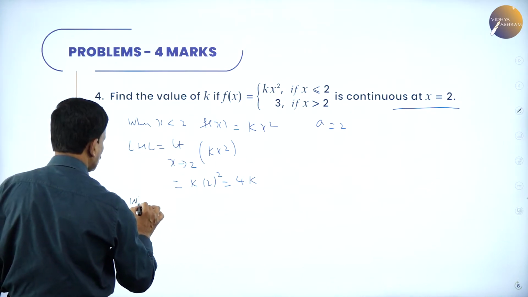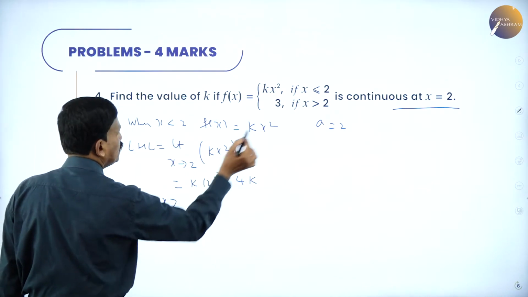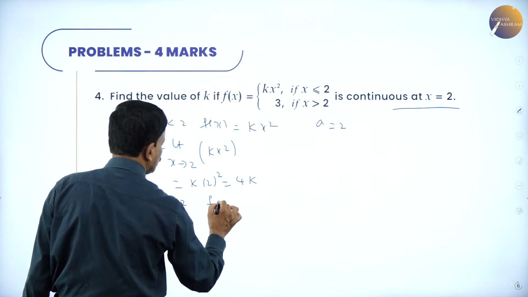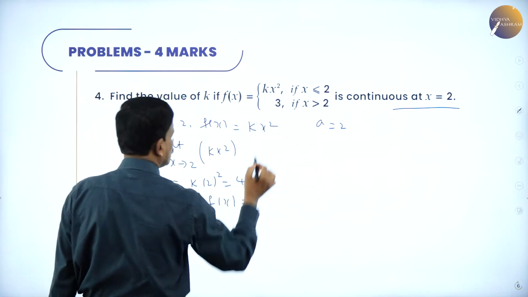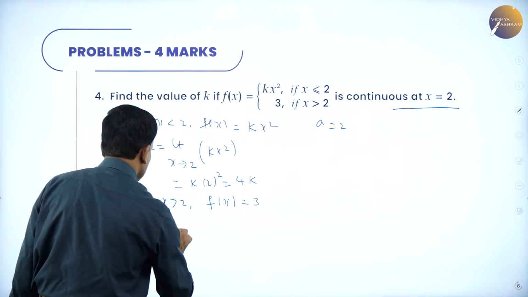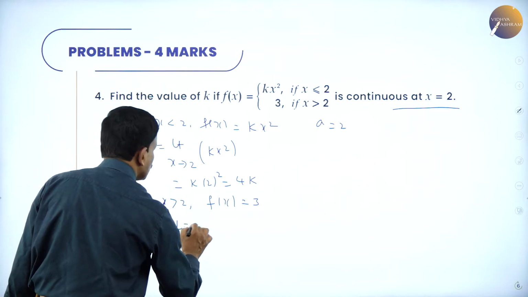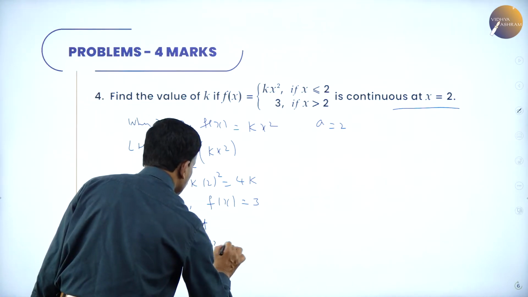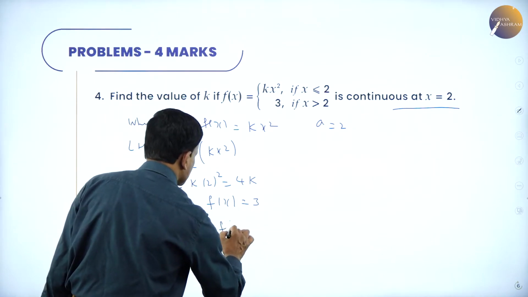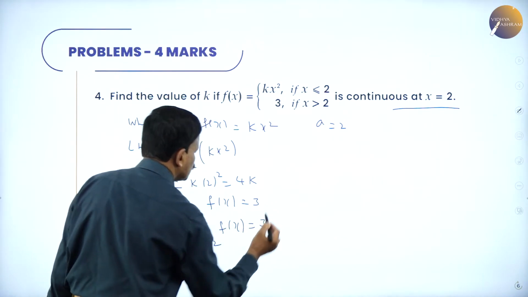Next, when x is greater than 2, what is given? F of x is equal to 3. So therefore, the right hand limit is equal to limit x tends to 2 of f of x is equal to 3.